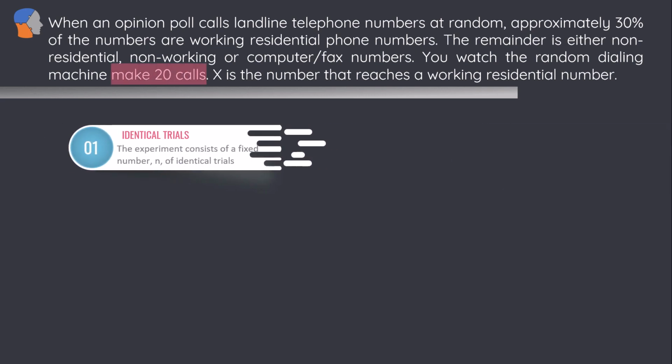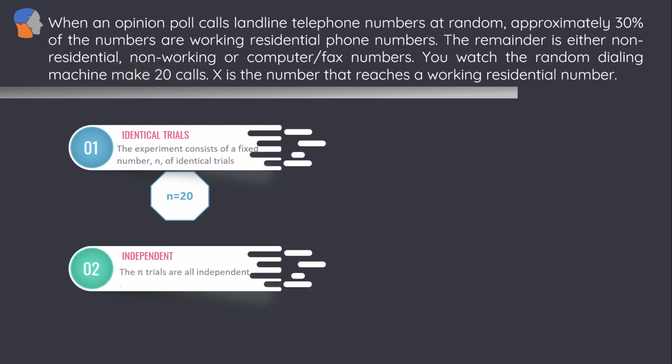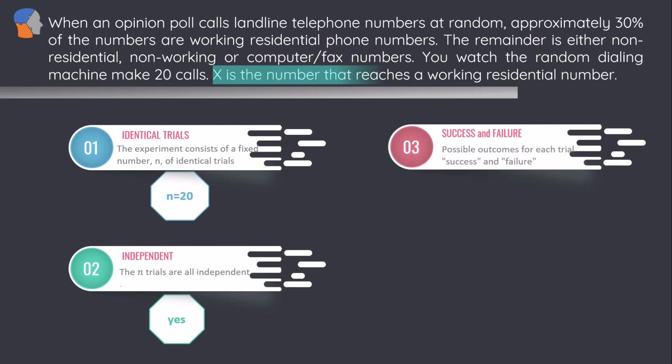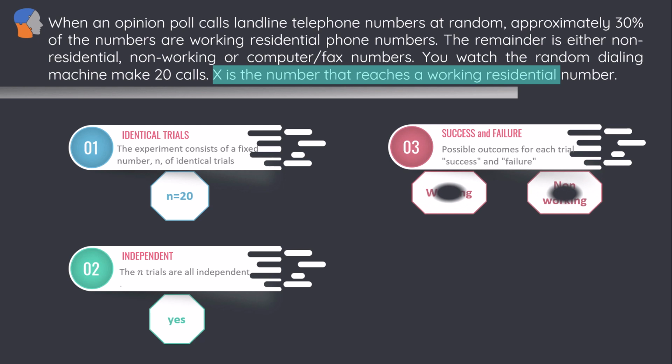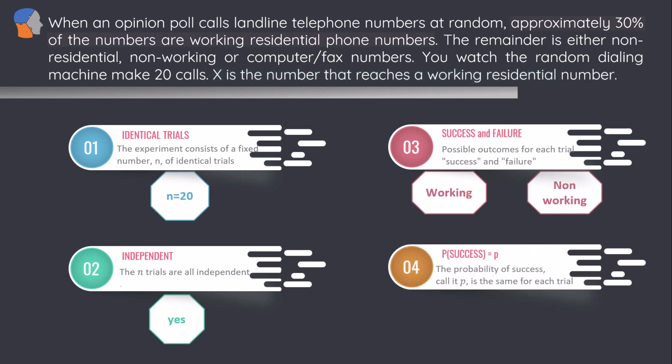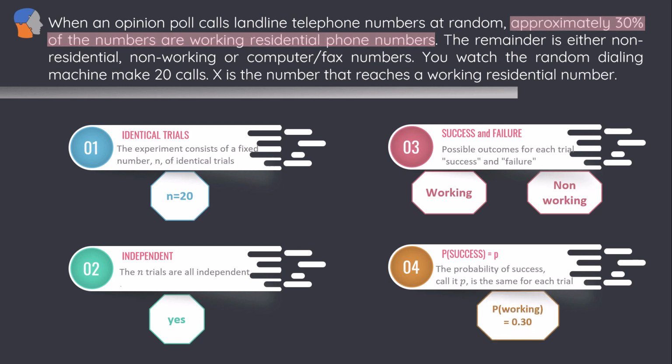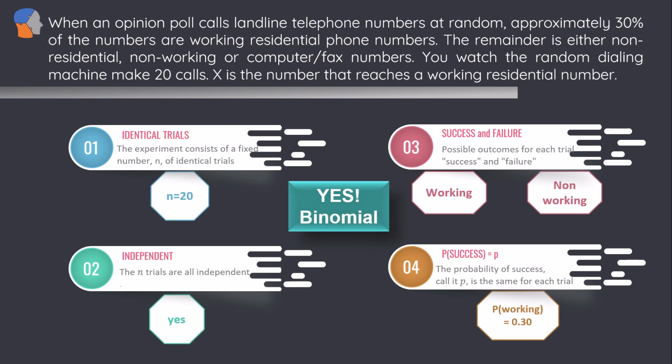It is 20 because we make only 20 calls. Independent? Yes, the calls are independent. How many possible outcomes? Each one has two possibilities, working and non-working. How about success probability? It's always 30%. Therefore, success probability is 0.3 for each call. All conditions are satisfied, so this is a binomial experiment.